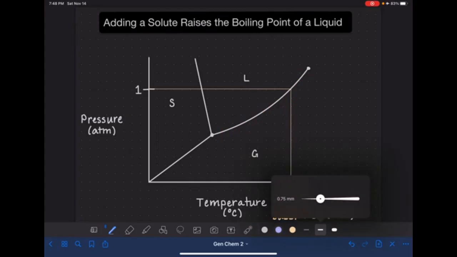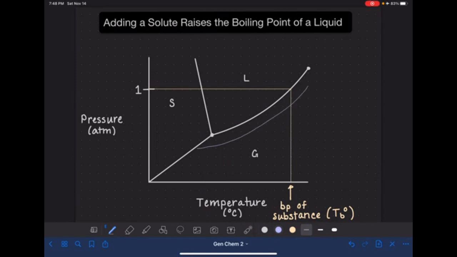So that liquid-gas line gets redrawn a little bit lower, maybe something like this. And again, this is the line due to the presence of a solute. So the liquid-gas line lowers because the vapor pressure lowers due to the addition of a solute.